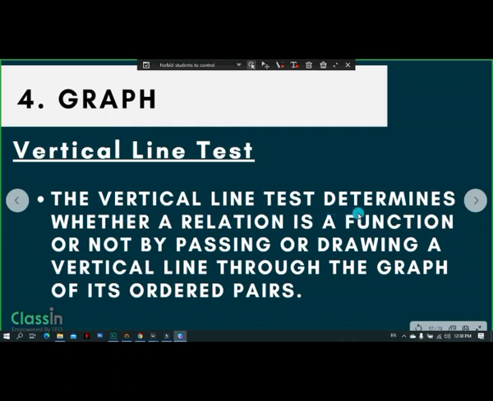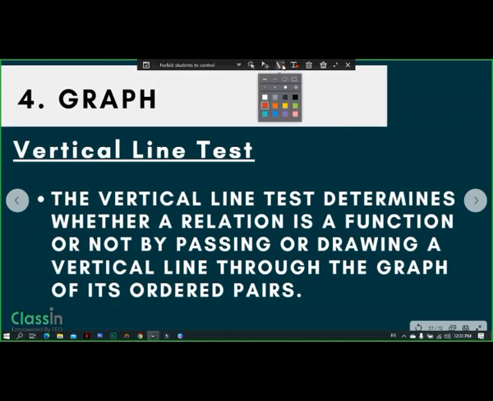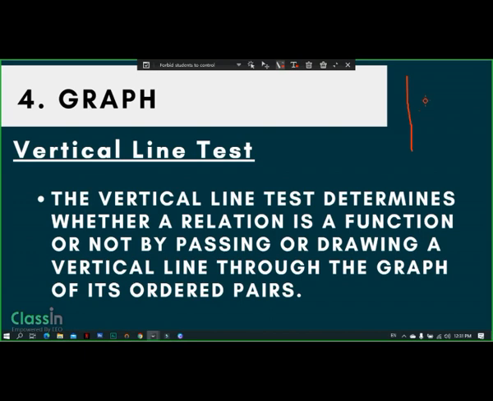Alam niyo po ba kung ano yung vertical? Ang vertical, patayo. Ayan, patayong ganyan. This is a vertical line. So, we will be using a vertical line para matest natin kung yung graph ba ay function.